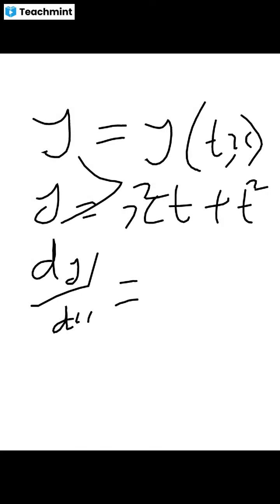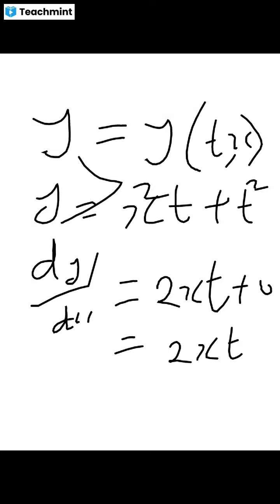So in this case, dy dx will give us 2xt. You differentiate this one, and because this one is a constant, you keep it like that, plus 0, because there's no x variable here, so this is a constant, and the derivative of a constant is equal to 0.